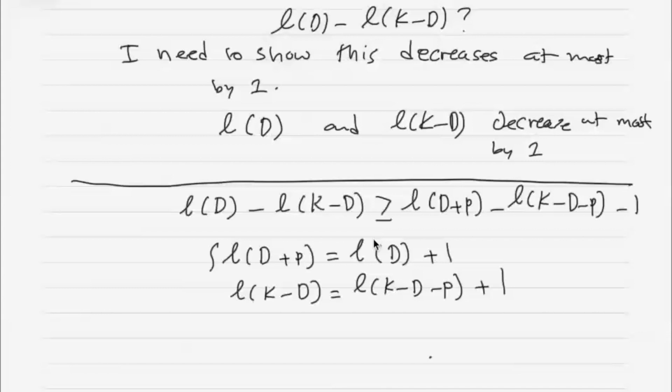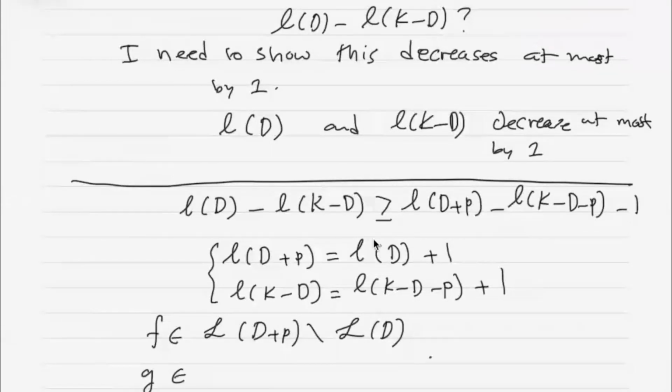And if you think a little bit, this is just elementary school arithmetic. This happens when a situation like this occurs. Now, what does this mean? This means that we have a function f in L of p plus p minus L of p, and we have a function g in L of k minus p minus L of k minus p.